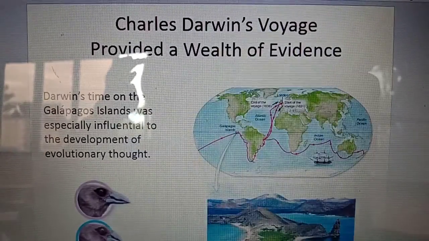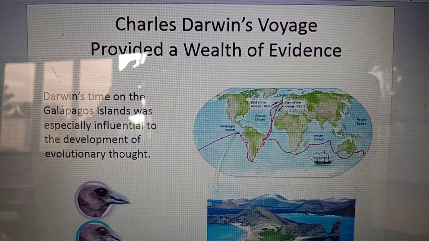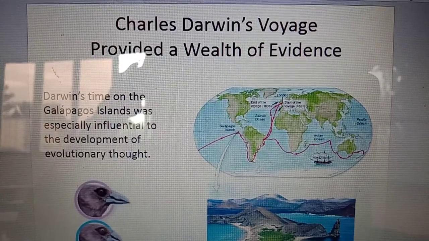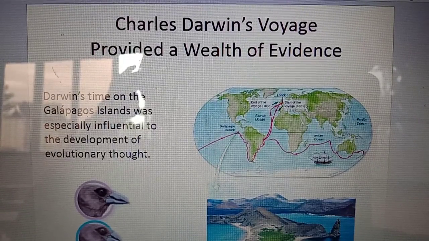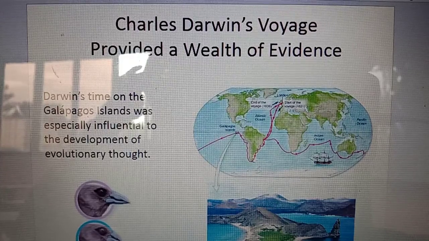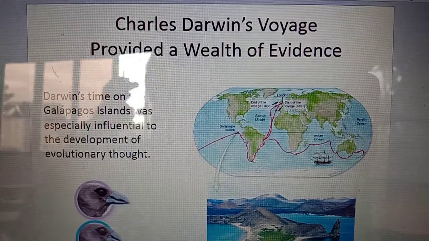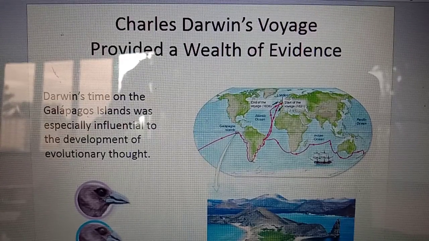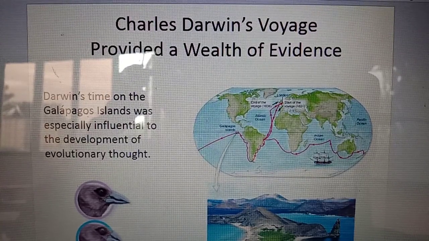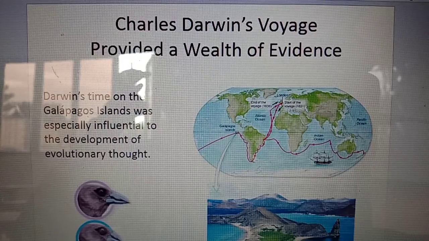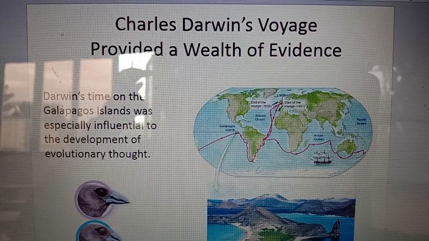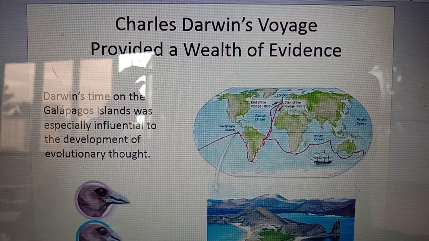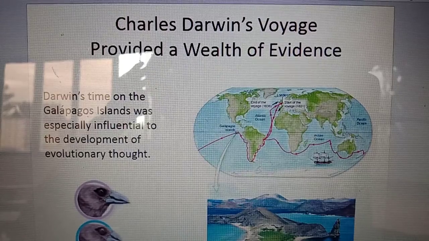Darwin's time on the Galapagos Islands was especially influential to the development of evolutionary thought because he described 14 distinct types of finch, each different from the birds on the mainland, yet sharing the same features.